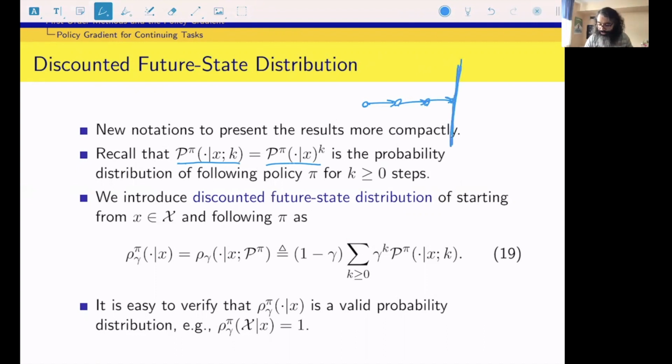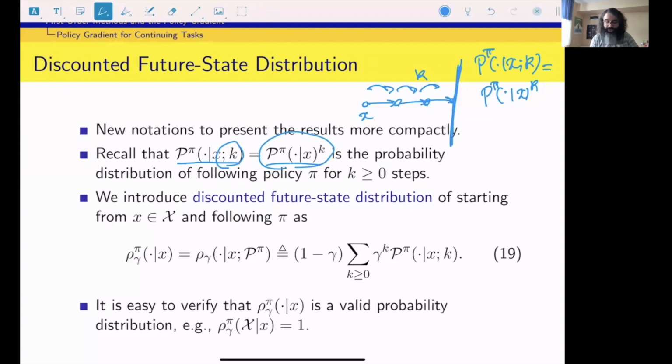So this is the distribution p pi of x and k. So this is like starting from x, and then we go k steps forward. I think the notation that I used before was p pi to the power of k, but here I'm using k as part of the argument of this p.